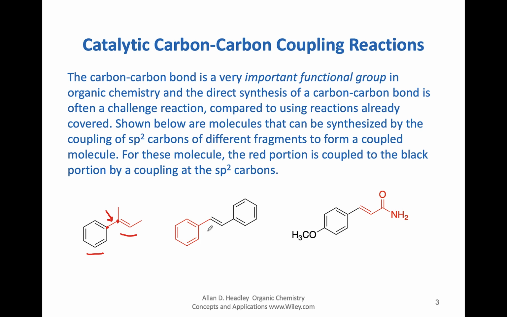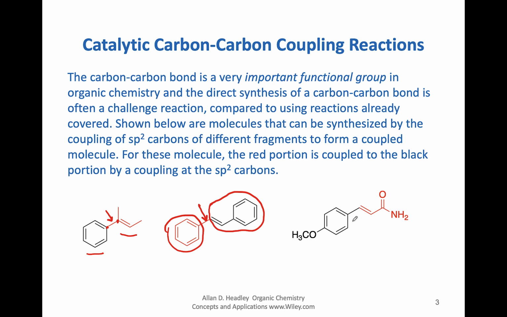We can have this component here, and we can have this component here, and using the type chemistry that we'll discuss in this chapter, we can now make this bond here to make a larger molecule.